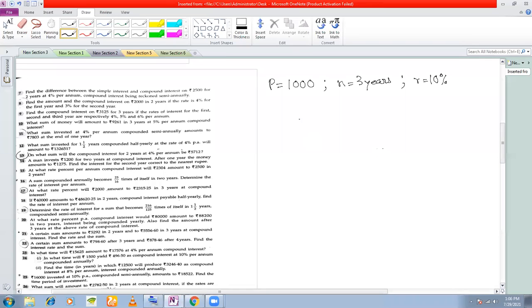Then what is the simple interest for the first year? Do you agree?